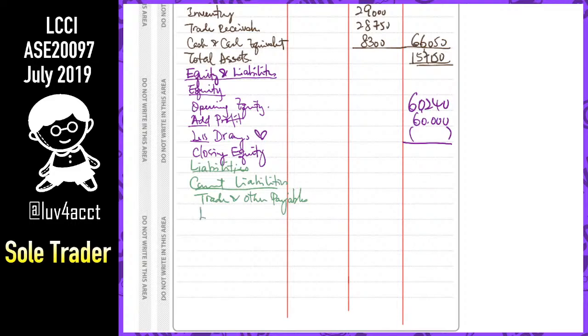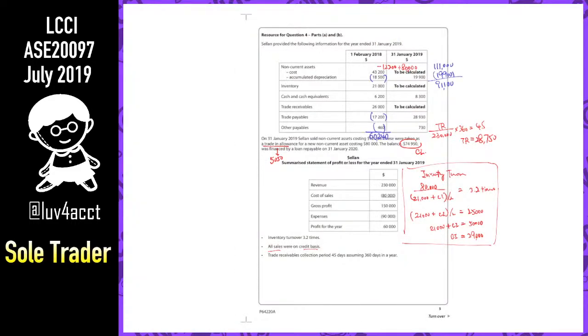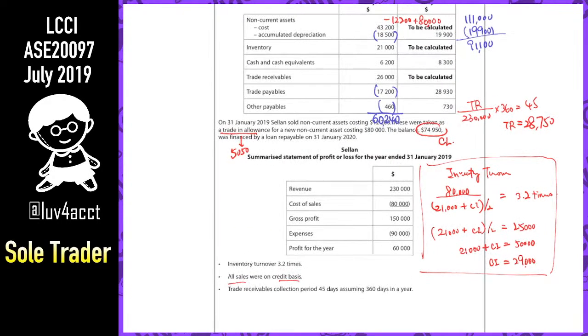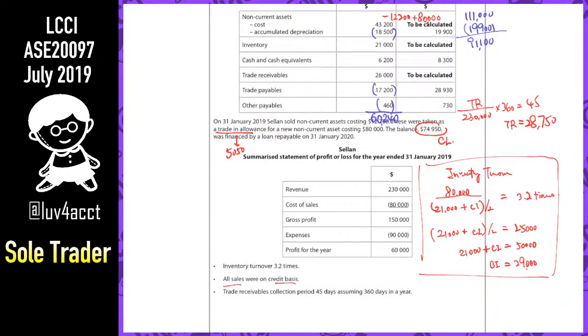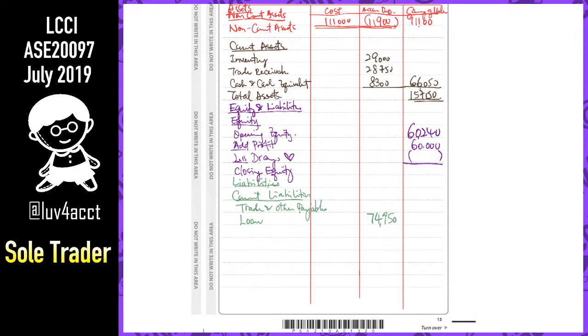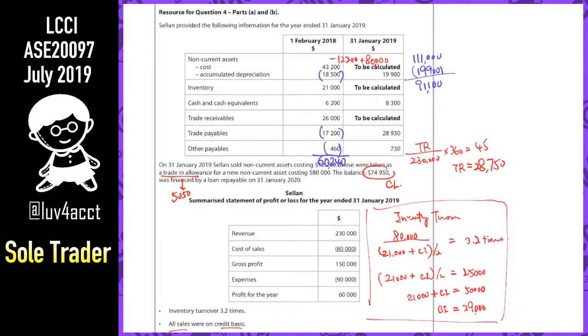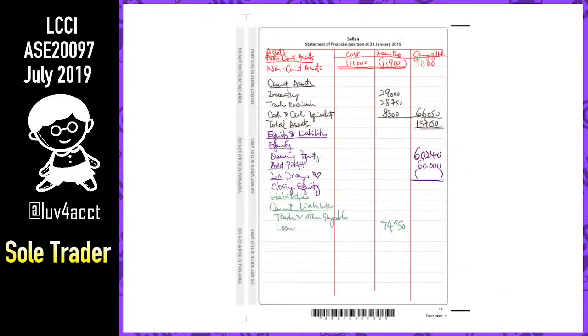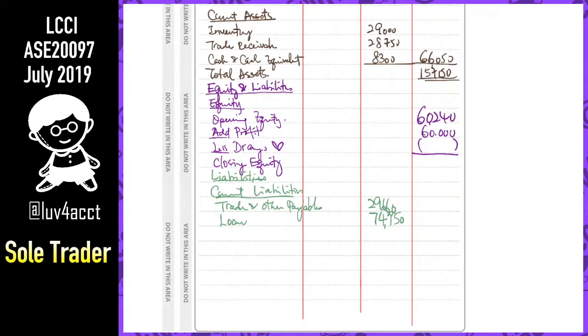The loan is 74950. Trade and other payables, we have to add the two: 28930 and 730, which is 29660. So we have finished.